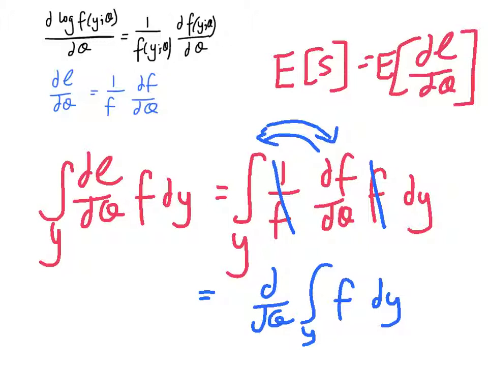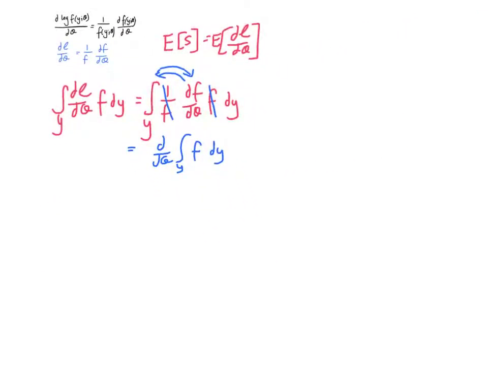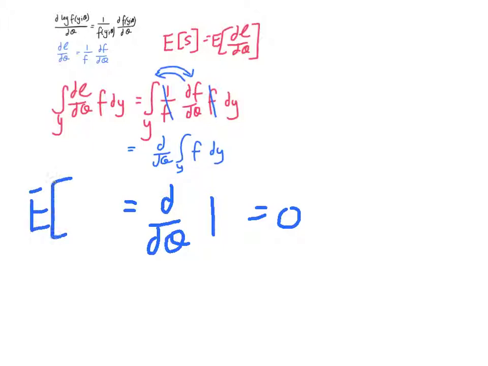Because this is a valid probability density function integrated over its entire range, we know that the integral of f dy is equal to 1. So I'm left trying to find d d theta of 1, which is equal to 0. So I have the result that the expected value of the score is equal to 0.